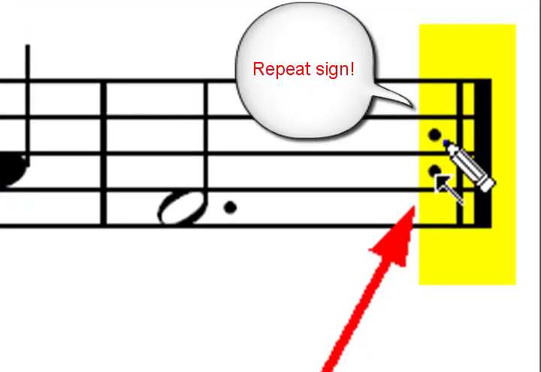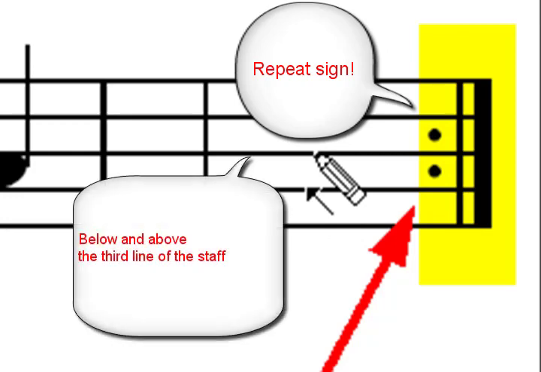We have 2 dots before a double line, and the dots are placed below and above the 3rd line.